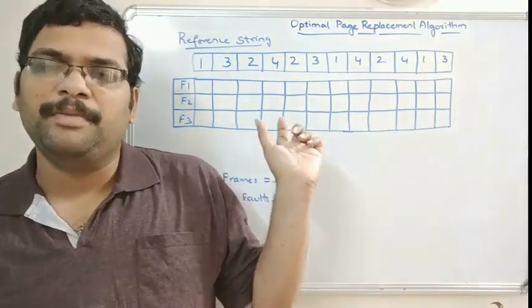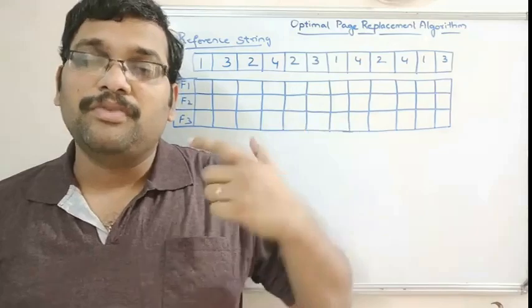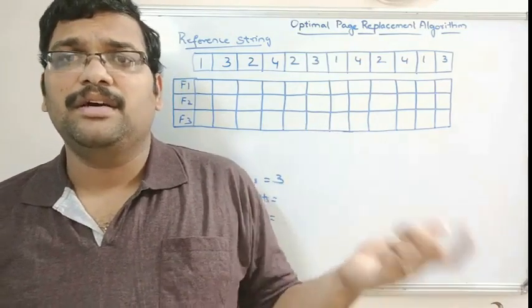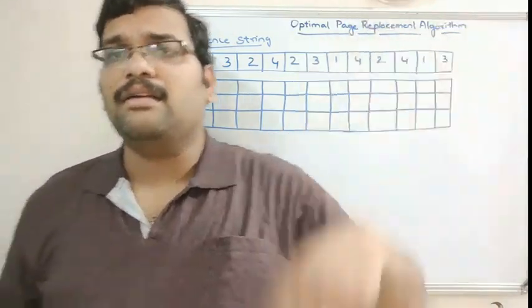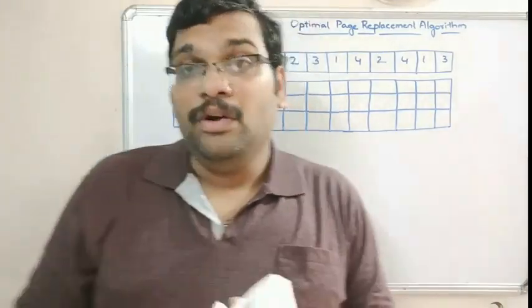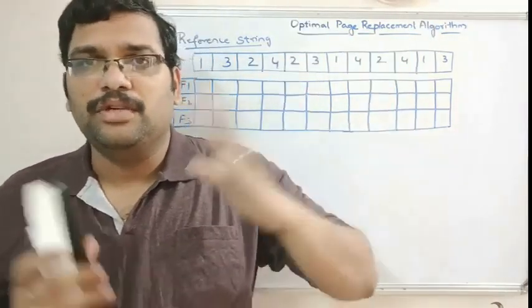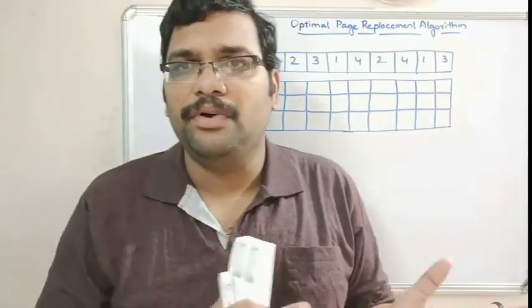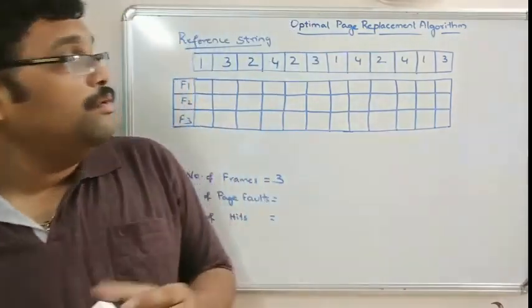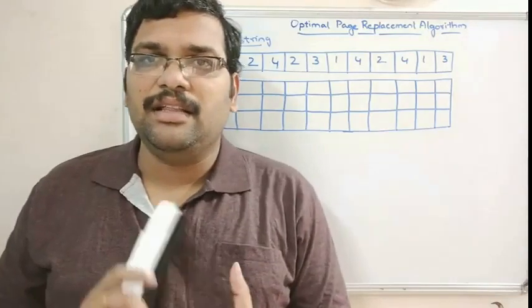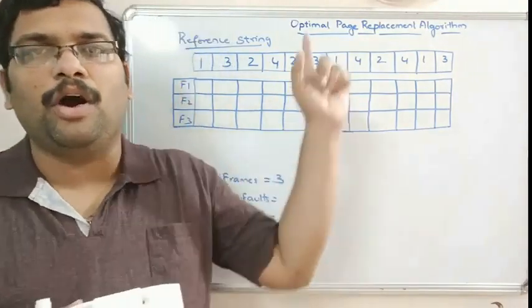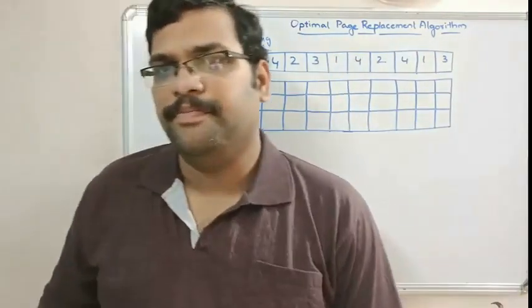If all the memory frames are full, we have to replace one page from the main memory with the required page. Which page should be replaced depends upon the page replacement algorithm. We have already covered FIFO and LRU. And now in today's session we will see another page replacement algorithm called the optimal page replacement algorithm.